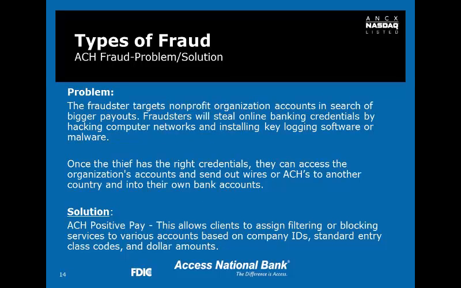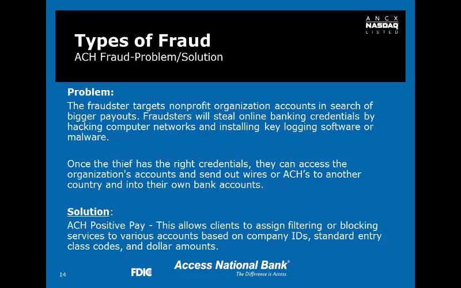Another type of fraud is ACH fraud. The fraudsters target nonprofit organizations in search of bigger payouts. They would steal their online banking credentials through the earlier methods that I talked about, with phishing and spamming, to track their bank user ID and password.